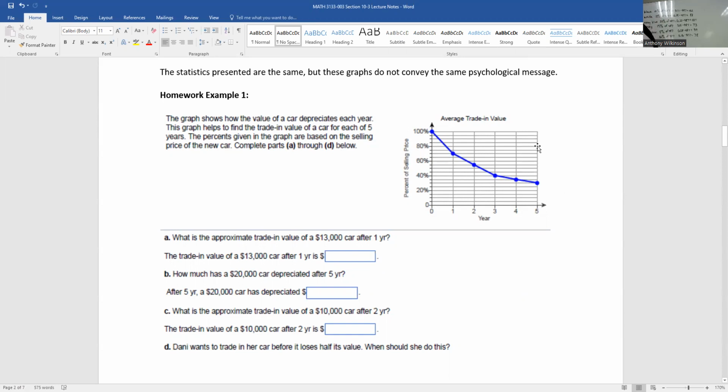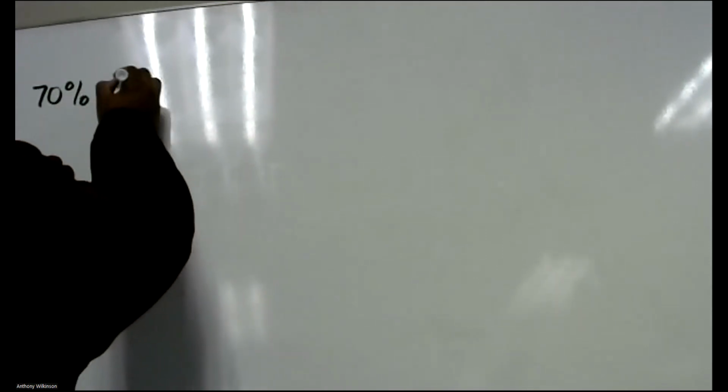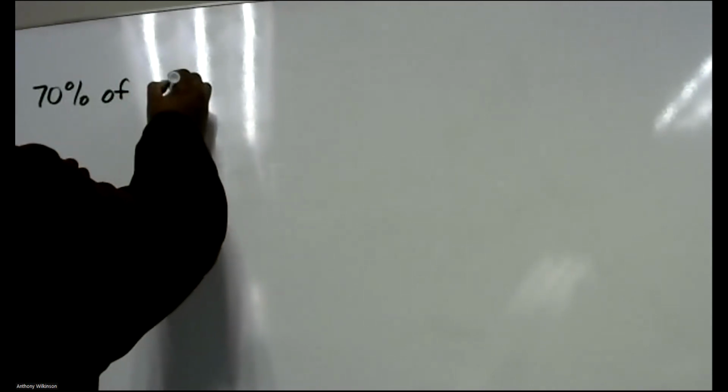And you're probably going to have to figure out what those marks mean. So we're looking at 70%. The trade-in value will be the percentage of the selling price, which is 70%. So we need to do 70% of $13,000.